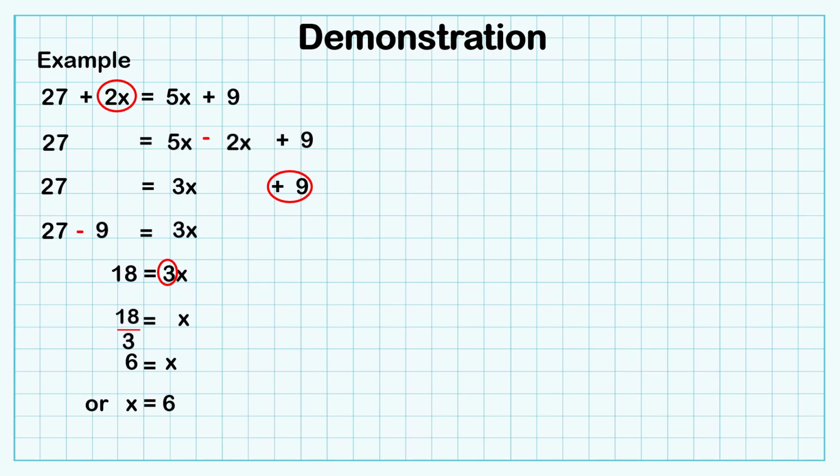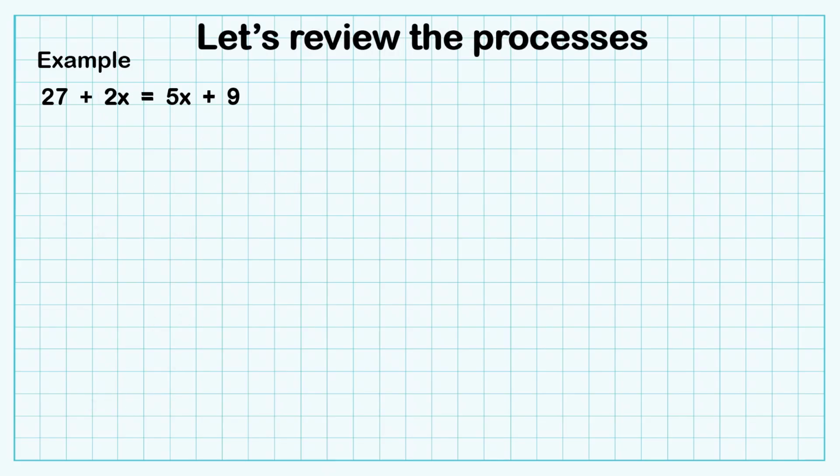Now let's review the process again and we see how that worked out. First of all, we eliminated the 2x because it was the lower one. And then we eliminated the 9 because we have to group it with the other non-x term.